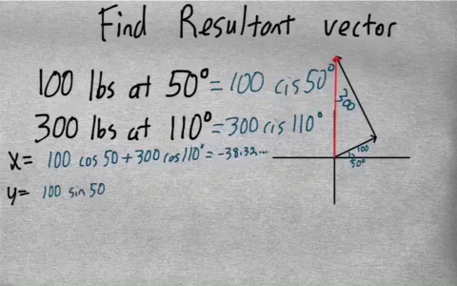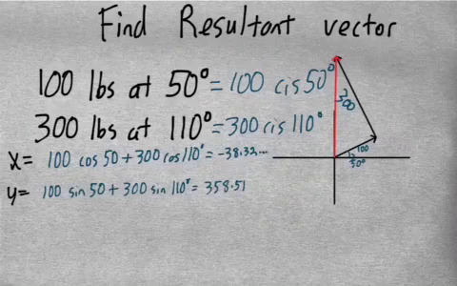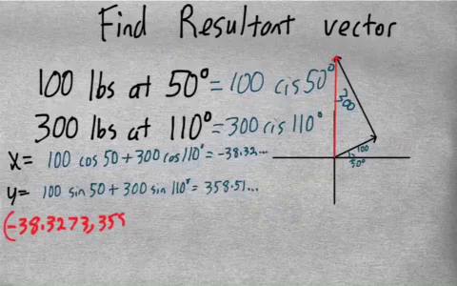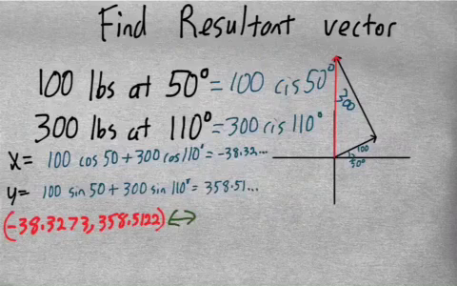We do 100 sine 50 to get the y component of the first, add the y component of the second, 300 sine 110, and that gets me 358.51 with some more decimals. So my ordered pair, in rectangular form, would be negative 38.3273, comma, 358.5122. And that is the red vector.